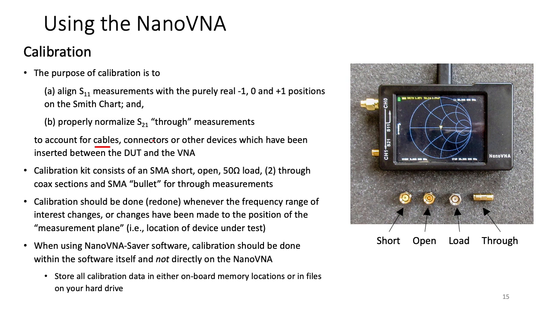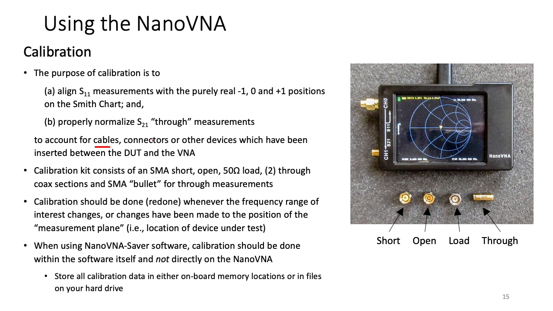Maybe I want to put a 20 dB pad, as we'll see a little later when we're measuring some amplifiers. You might want to look at the output of a matching network and look at the impedance of the antenna at that point. So by calibrating, by placing a reference plane at the point where you'd like to make a measurement and assigning an open, 50 ohm load, and a short at that point, we can then calibrate out the effects of intervening connectors and cables and what have you.